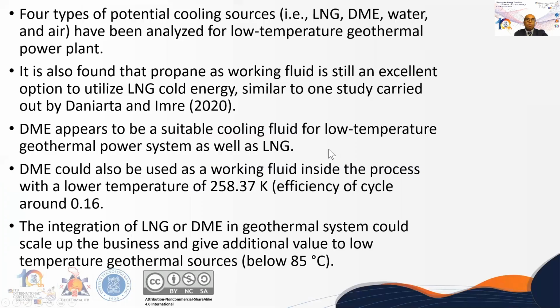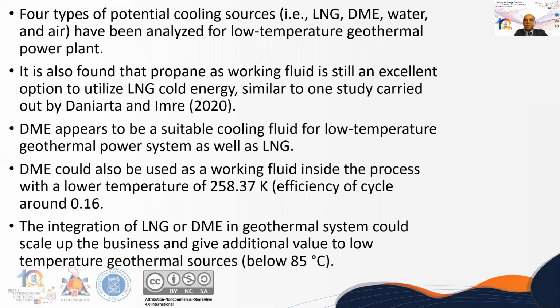Okay, for the conclusion, to sum up, we have reported that 4 types of potential cooling sources have been analyzed for a low temperature geothermal power plant, and it is reported that propane as working fluid is still an excellent option for cold energy utilization in LNG. It seems that TME might be a suitable cooling fluid and also working fluid inside the cycle.